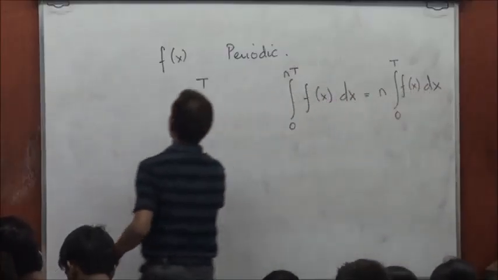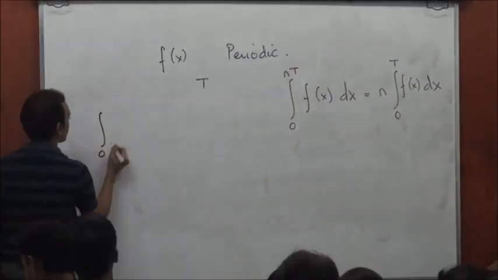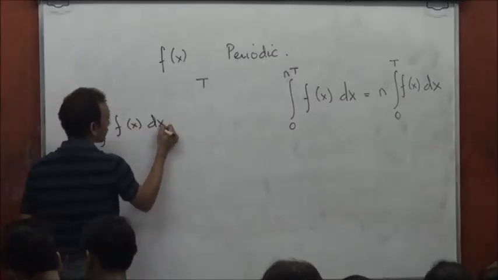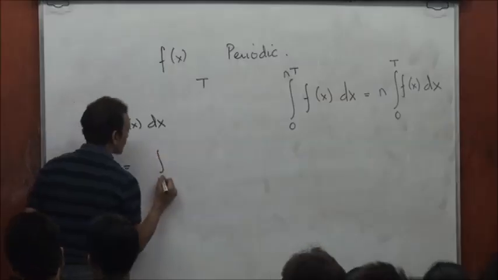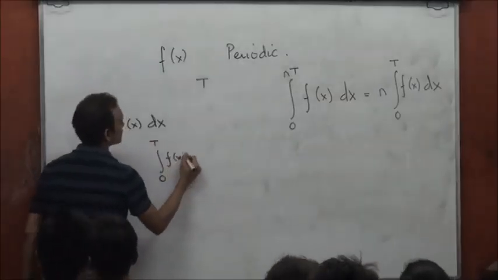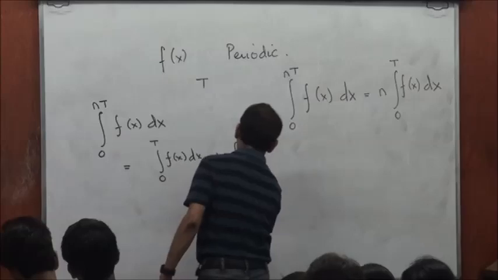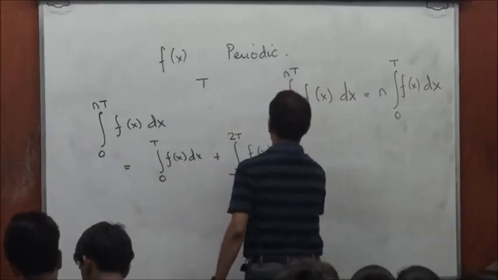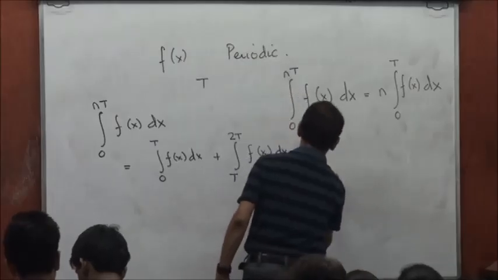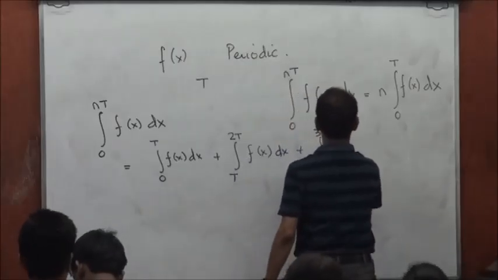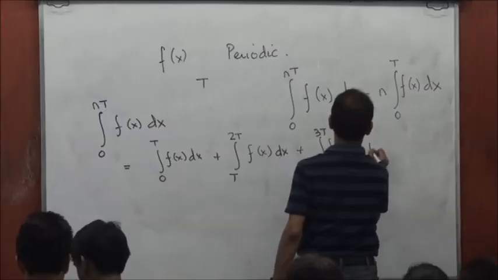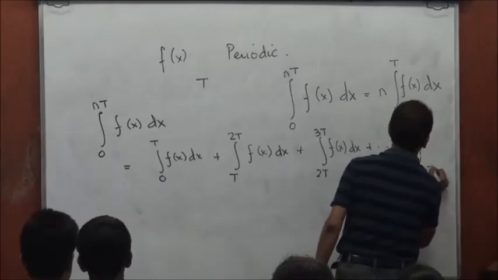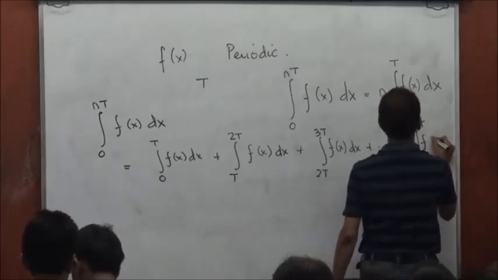Look, integral 0 to nT of f(x) dx is integral 0 to T of f(x) dx, and from T to 2T of f(x) dx, and then 2T to 3T, and so on, up to (n minus 1)T to nT of f(x) dx.